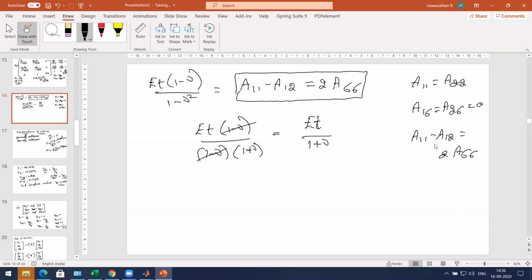If a composite laminate has an A matrix like this, then we can say that the composite laminate is quasi-isotropic. Why can't we say isotropic?